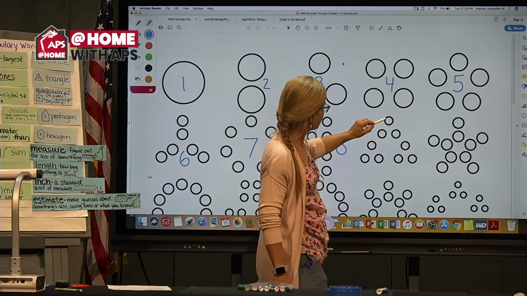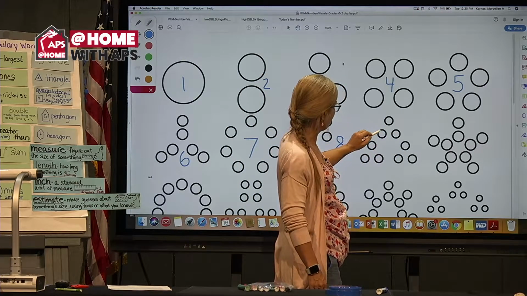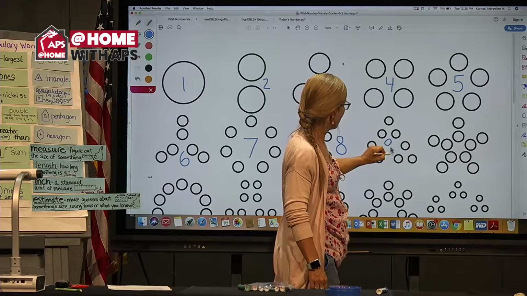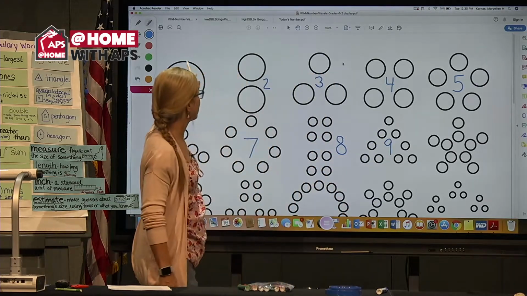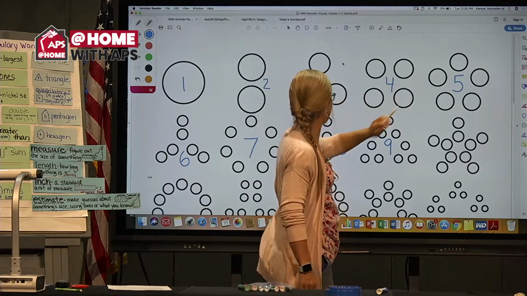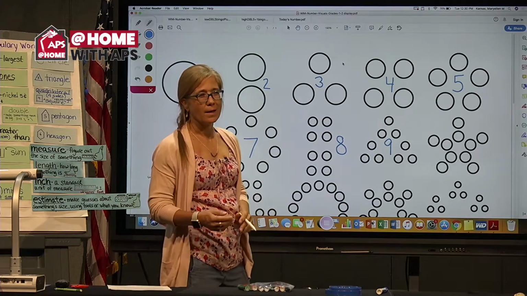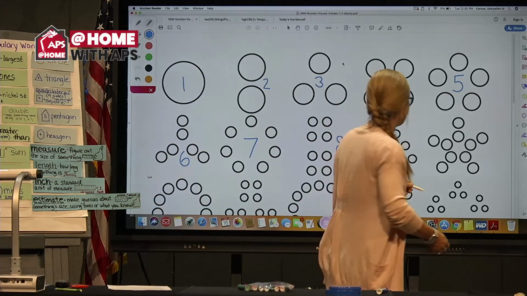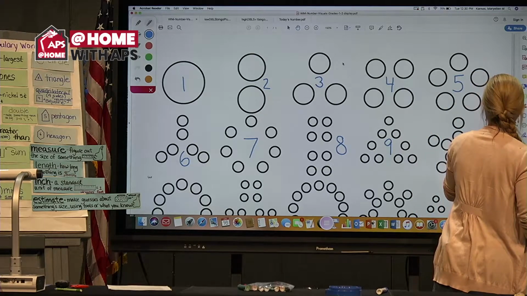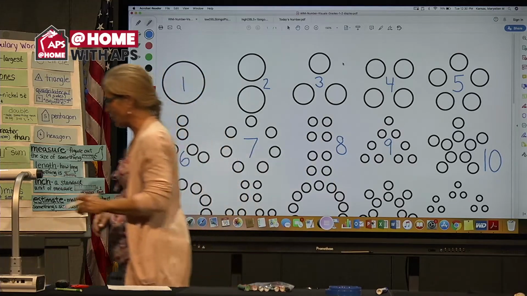How about this one? Let's see. 1, 2, 3, 4, 5, 6, 7, 8, 9. That makes sense because we're seeing a pattern, right? That these are 1, and then there was 2, and then 3, and then 4, 5, 6, 7, 8, 9. So that next one's probably 10. We're going to check these in a minute and see if we can see some other ways.